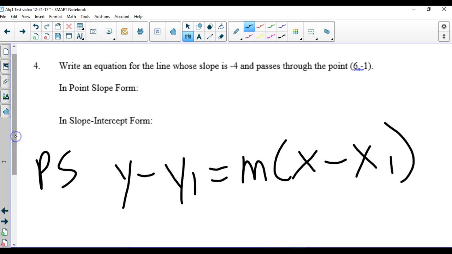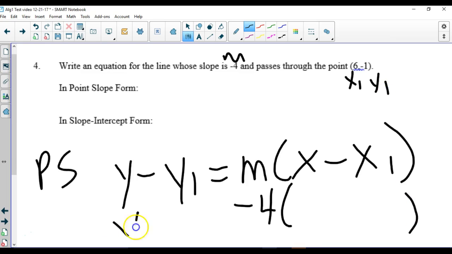Some of the information given is the slope is -4, so I know m is my slope, that is going to be my -4. I have a point, 6 and -1. This is my m. This has got to be my x1, and this is going to be my y1. So again, you have your x1 and your y1, you just fill them in. And it's pretty simple.